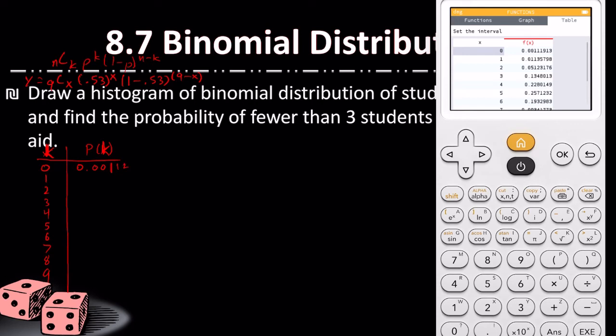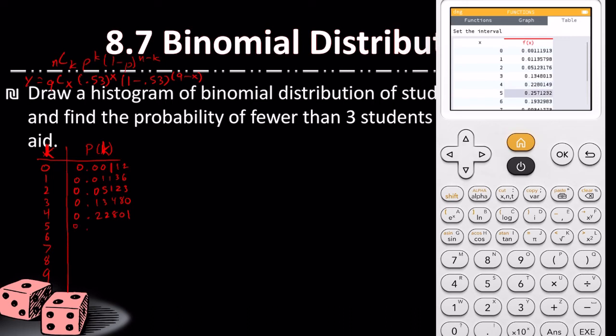For 1, I have 0.01136. For 2, I have 0.05123. For 3, I have 0.13480. For 4, we have 0.22801.